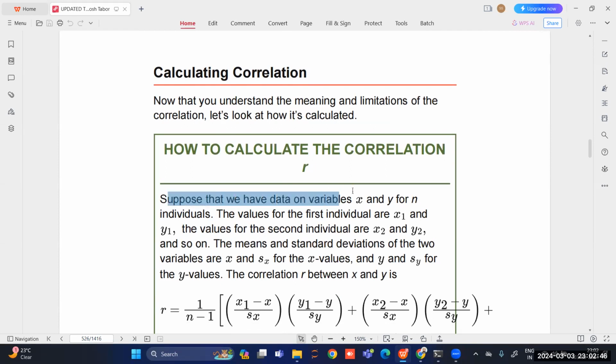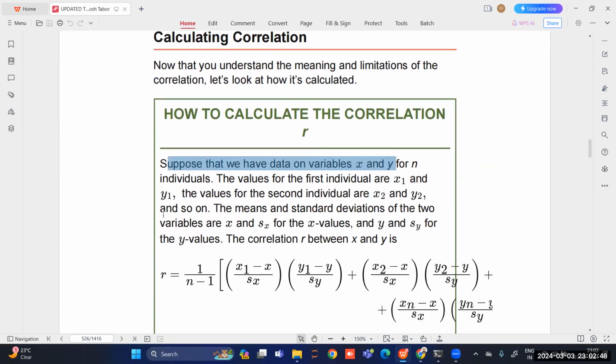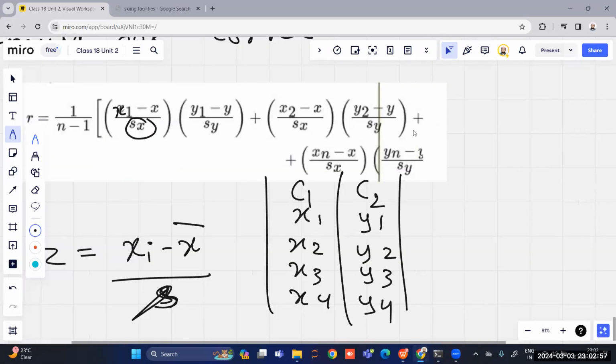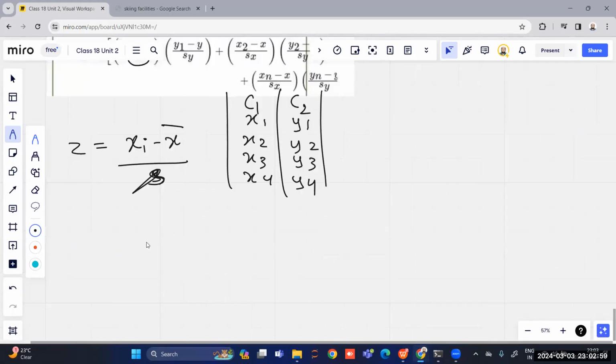Suppose that we had data on variables x and y for n individuals. The values for the first individual x1 and y1, the values for the second individual x2 and y2, the mean and the standard deviation of the variable n. So what is x? I'll write it here.